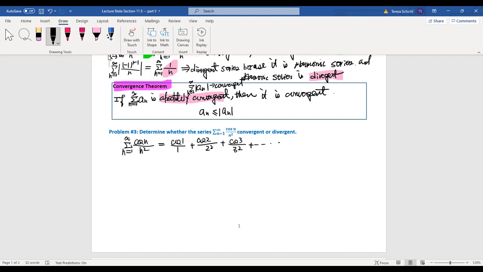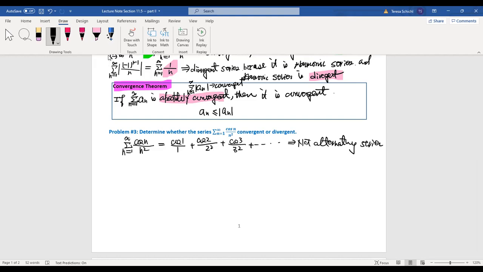So I cannot use the alternating series test to test it.